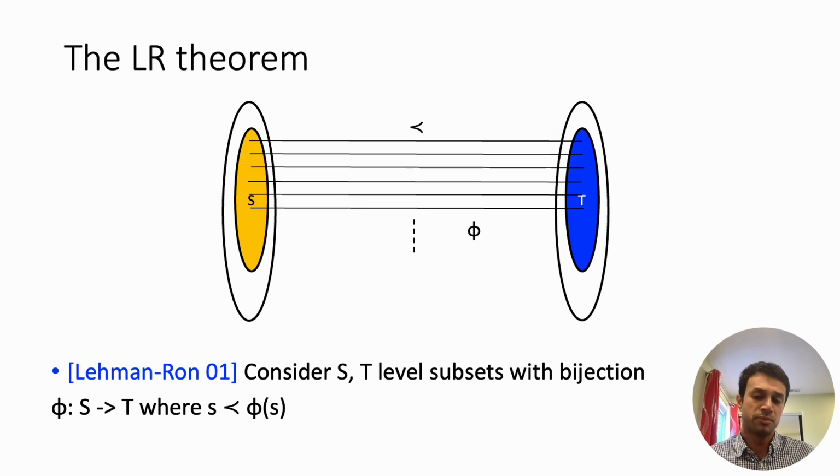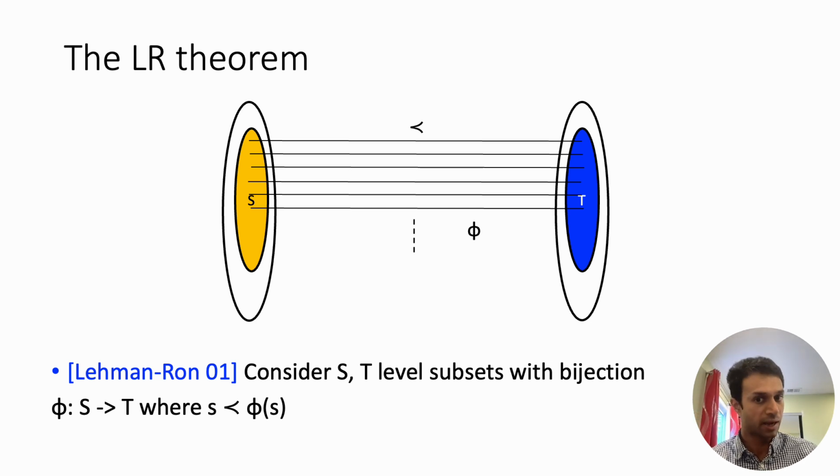The Lehman-Ron theorem can be thought of in that vein. So what it says is consider two level sets. So you have these two level sets, which are basically all the vertices of the same Hamming weight. So we'll consider two sub-level sets, S and T. That means that S and T are contained in level sets. So all the vertices in S have the same Hamming weight.